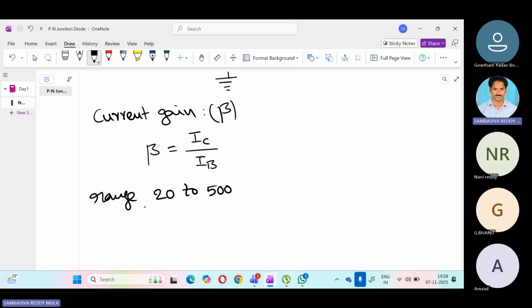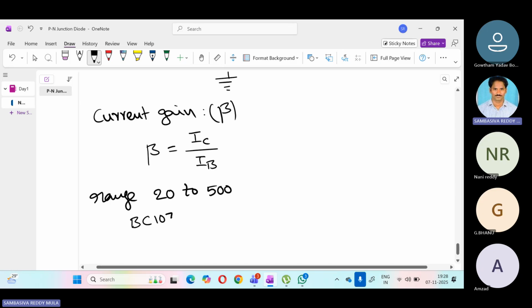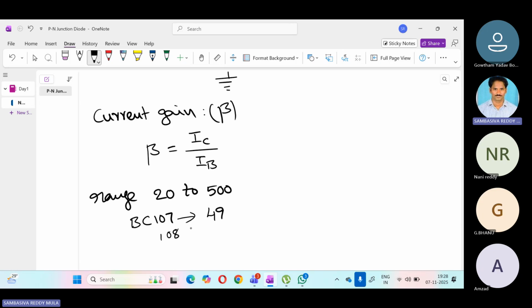In the laboratory experiment or for education purposes, we use BC 107 or 108. 107 is the NPN transistor, 108 is the PNP transistor. For BC 107, the current gain in CE configuration is 49. It's a range, so 20 to 500 is the general range.